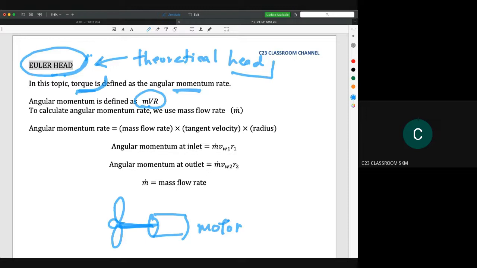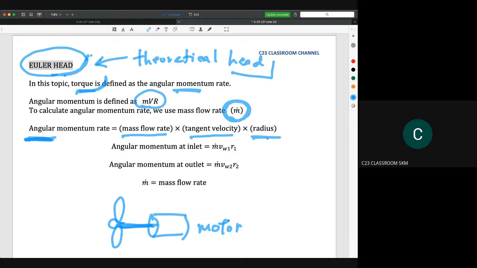Because we are calculating liquid here, we do not use the idea of mass. Normally, we use the idea of mass flow rate, so we have m dot here. The angular momentum rate for liquid can be calculated as mass flow rate times the tangential velocity times the radius.